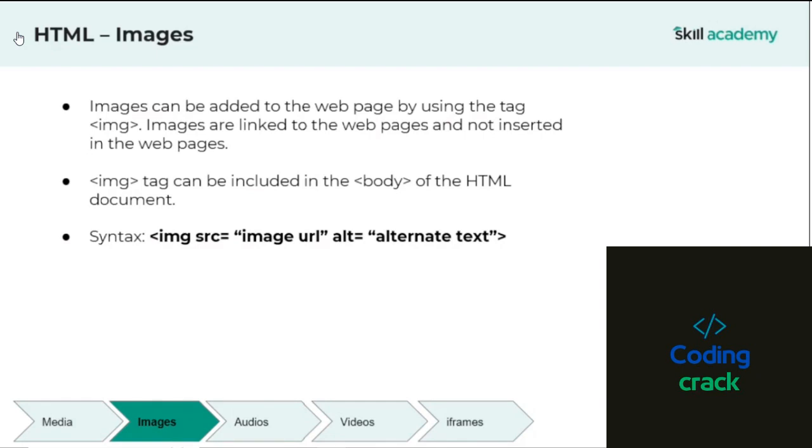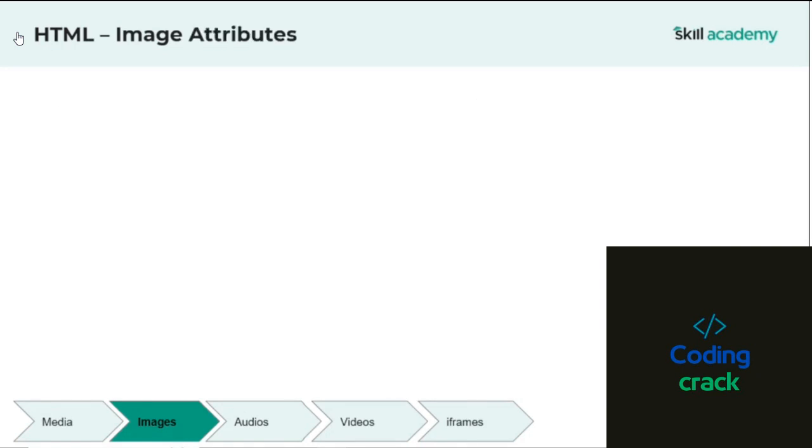There can be multiple reasons for not displaying the image in your web page. So at that time, this alternative text plays an important role. If your image fails to load, then the alternative text will be displayed to the user. So guys, always remember in HTML, we are going to use the image tag.